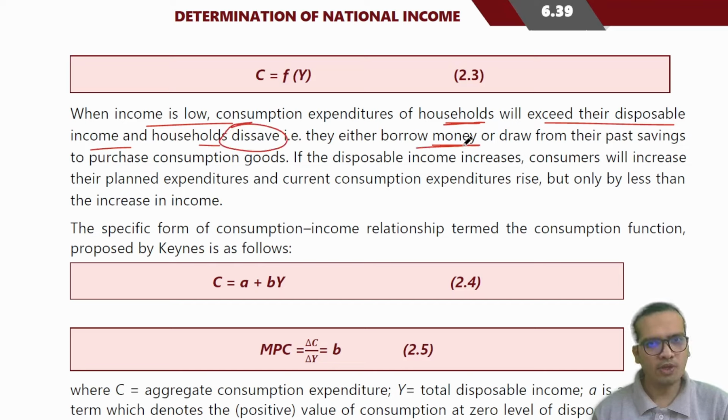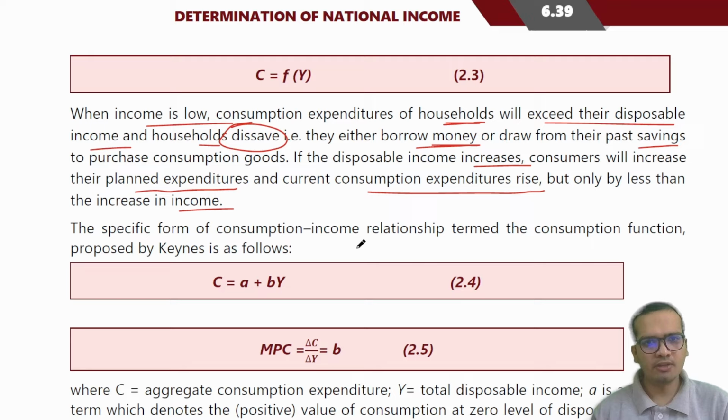They will either borrow money or draw from their past savings to purchase consumption goods. If the disposable income increases, the consumers will increase their planned expenditure, and current consumption expenditure will rise, but by less than the increased income. Means the proportion will not be the same.